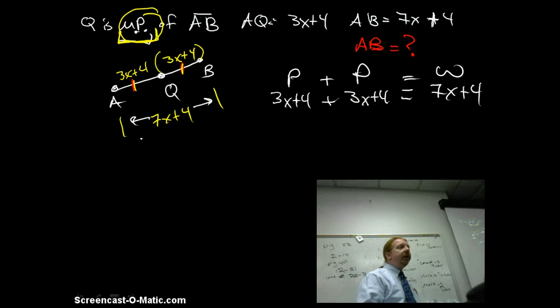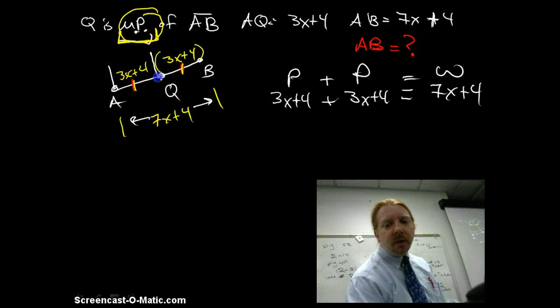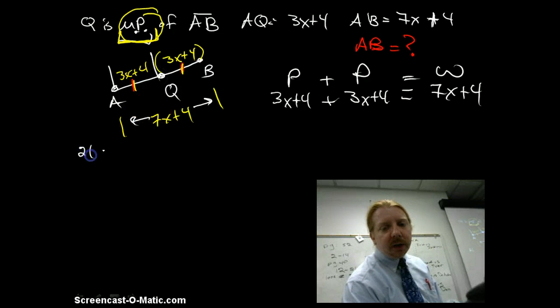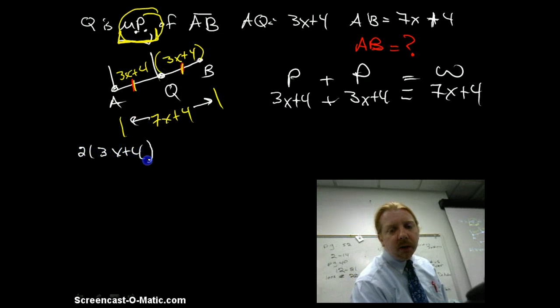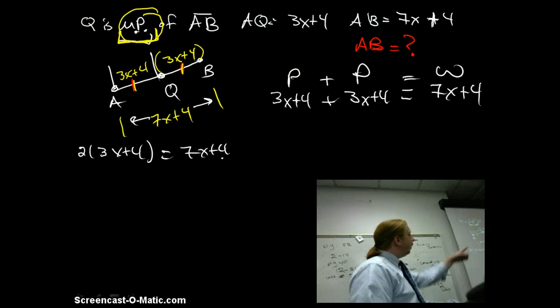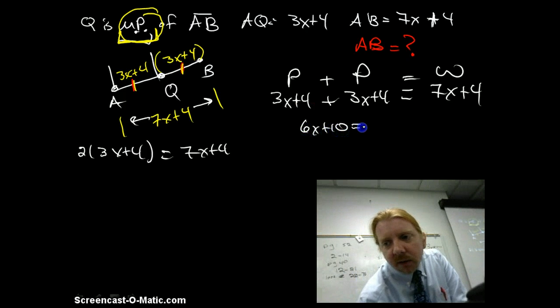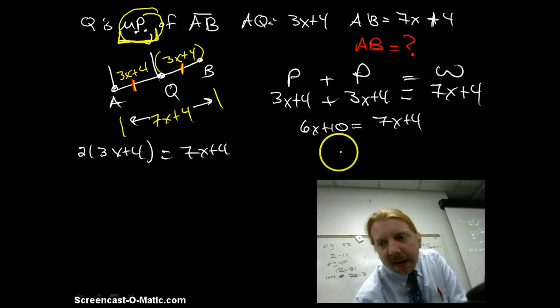Now I could also write 2 times 3x plus 4, because this is half of the whole thing, so I could write 2 times 3x plus 4 equals the whole thing. That also will get me to the exact same place algebraically. So I combine my like terms, I get 6x plus 8, 7x plus 4, do a little bit of math.